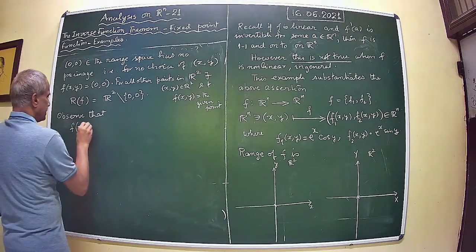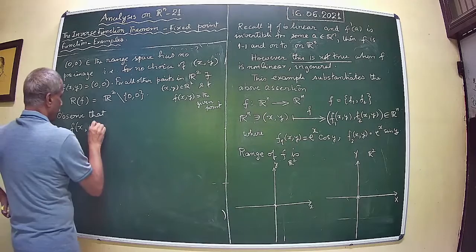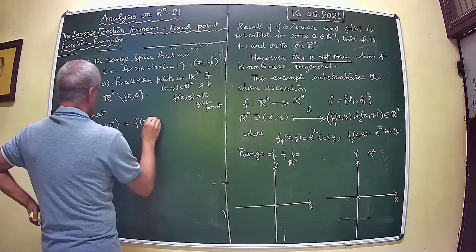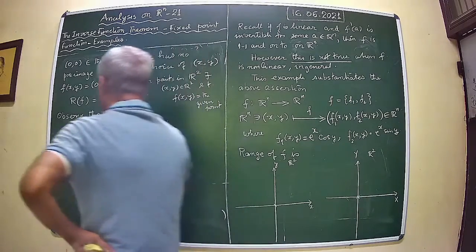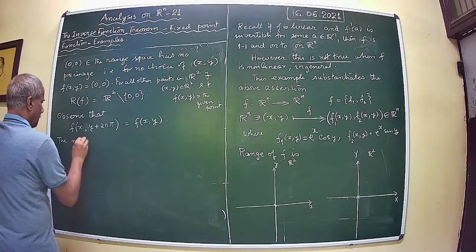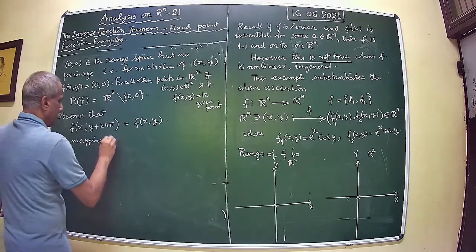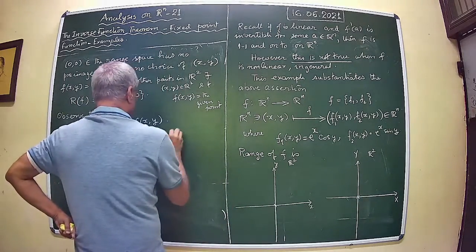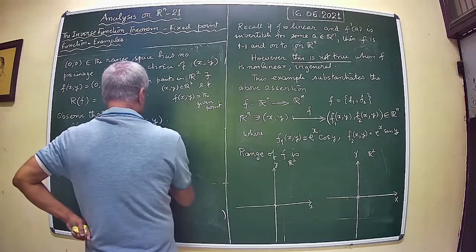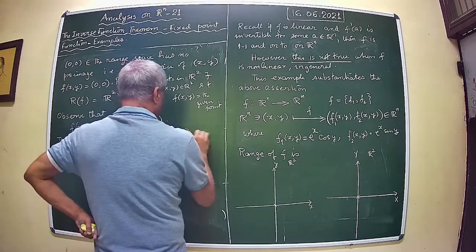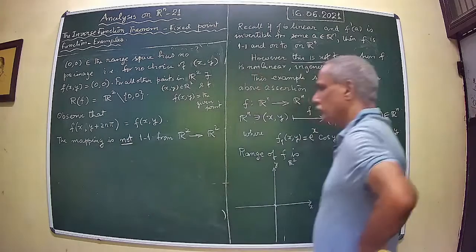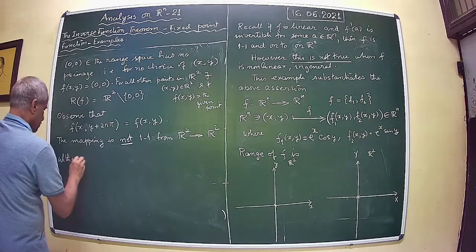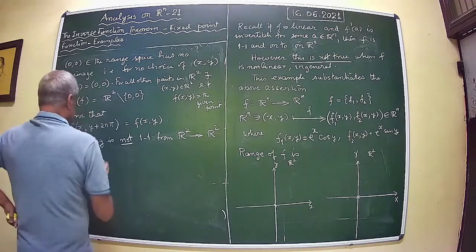Okay. In fact, you also observe that f of x, y plus a multiple of 2 pi gives the same value, that means the mapping is not 1 to 1, although, what about f dash?